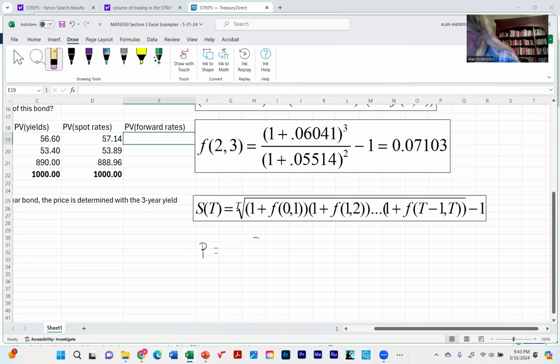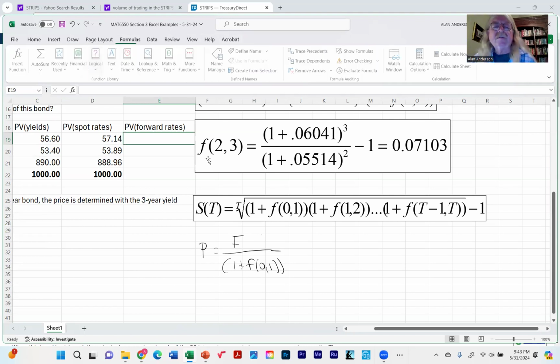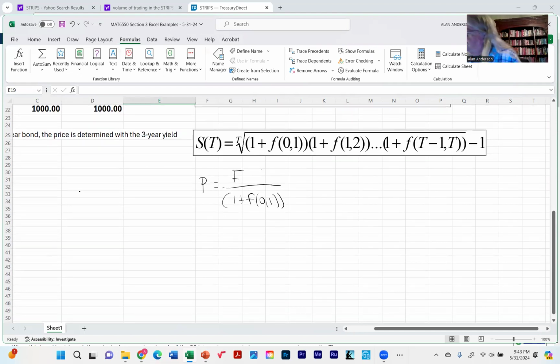For 1 year, the price will be, I can replace the spot rate with F because it's the same thing. But for 2 years, it gets just a little messy.